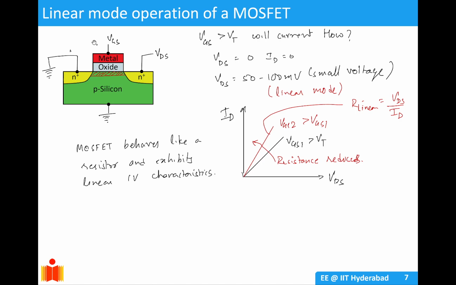The higher the VG value, the more electrons there are in this channel. That means the resistance will be less, and hence the slope will be higher.